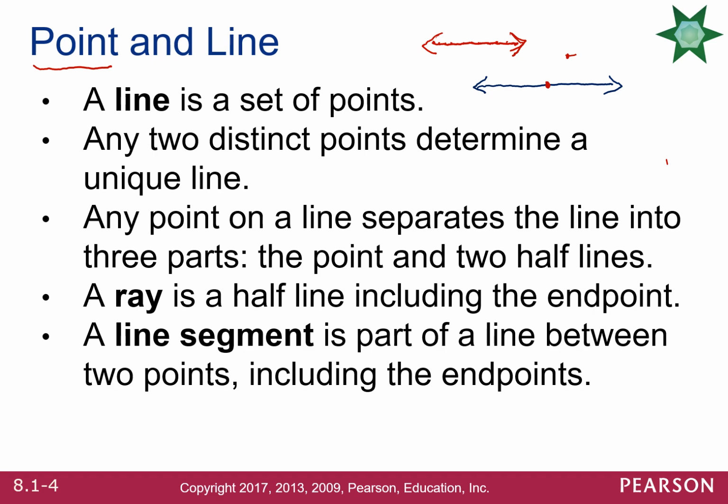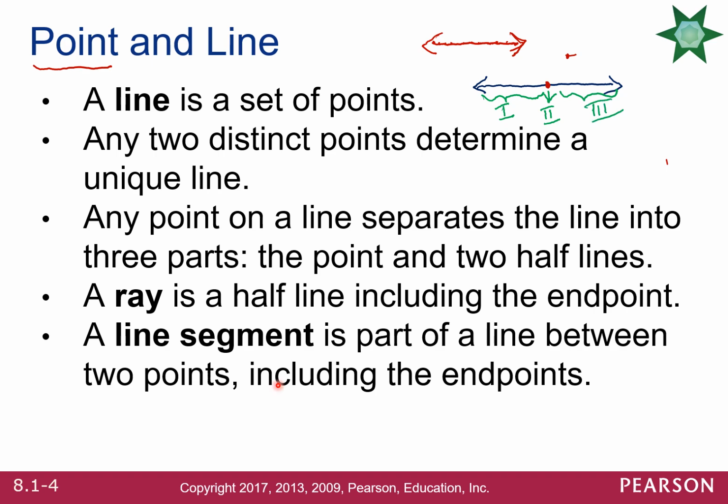One part is from the point to the left end, that's part one. And then the point itself is a part. And then from the point to the right end is the third part.